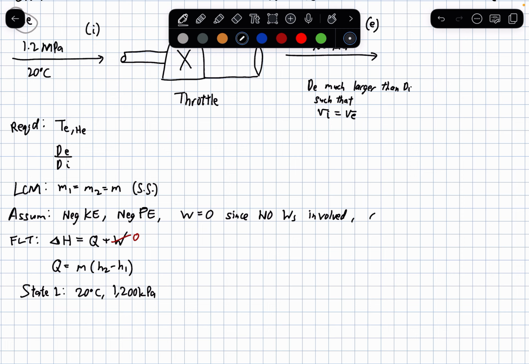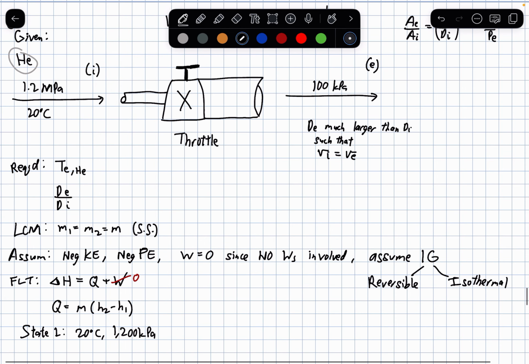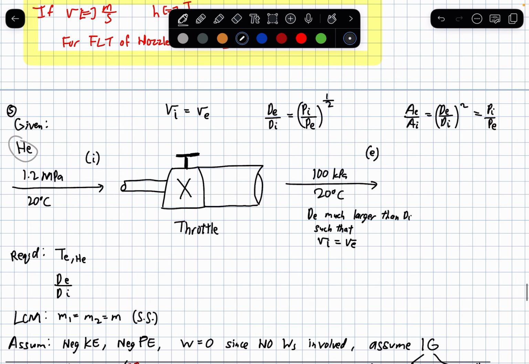So assume ideal gas, or the gas is ideal. If we assume ideal gas, process is reversible and isothermal. So I think 20 degrees Celsius also on the other side.